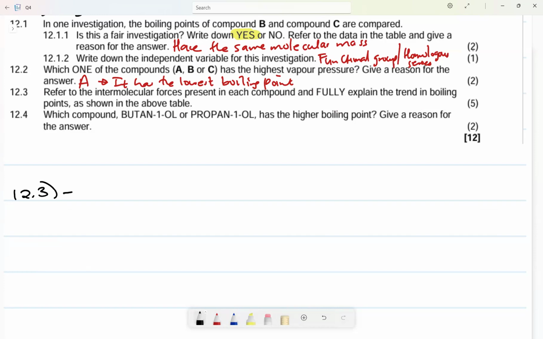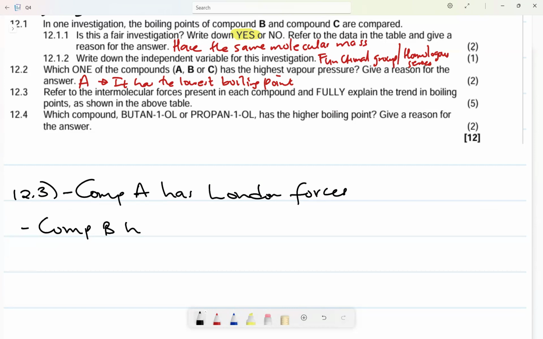Okay. Compound A has London forces, right? It has London forces. B, compound B has one side of hydrogen bonding, right?